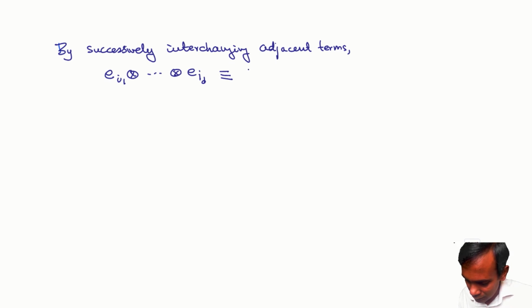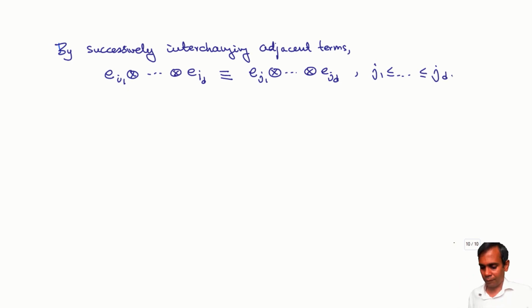So this is the same as e_j1 tensor through e_jd, where these j1, j2, through jd are the same as the indices i1, i2, through id, but written in weakly increasing order. But now suppose two of these indices are equal.